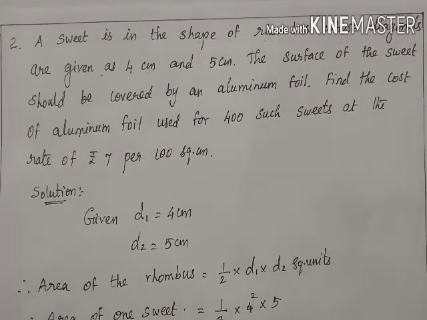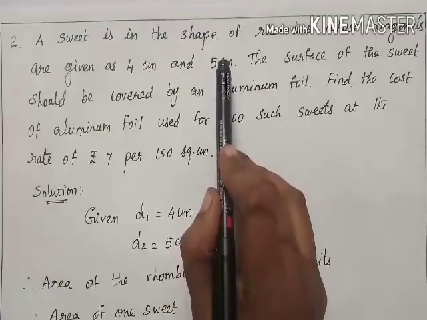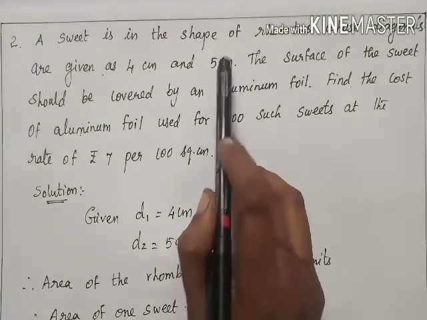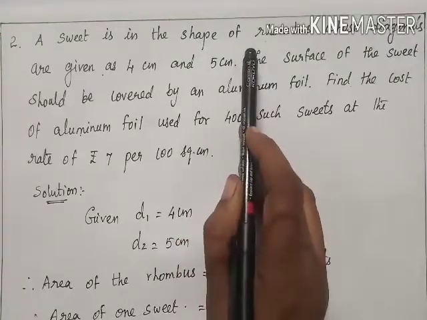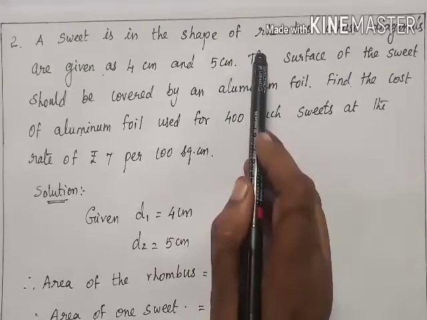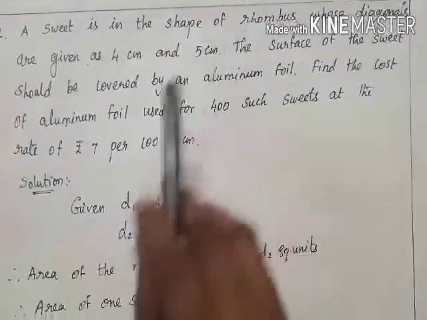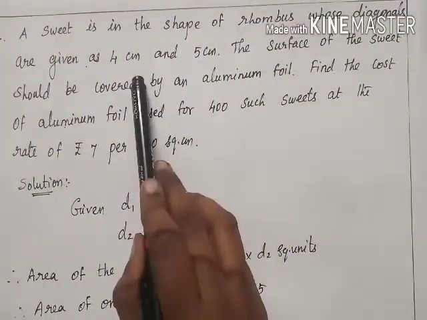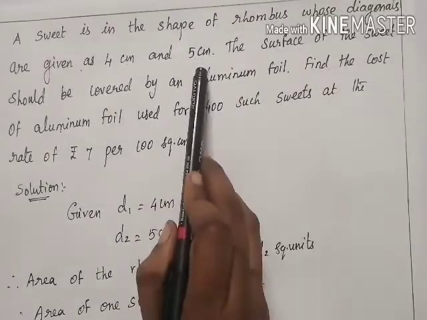A sweet is in the shape of a rhombus, whose diagonals are given as 4 cm and 5 cm.